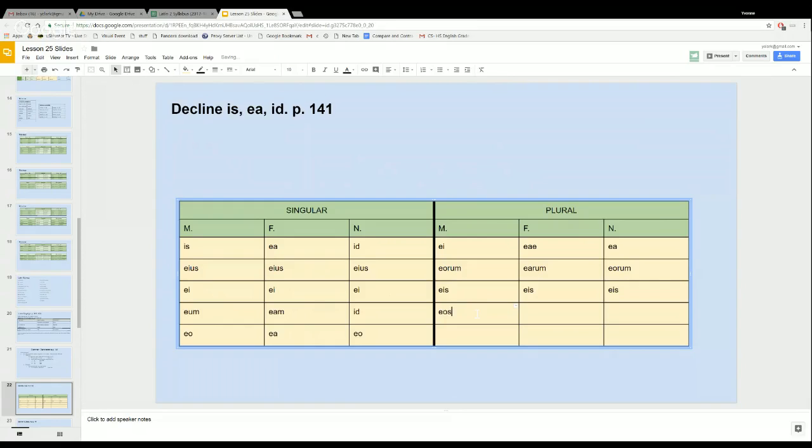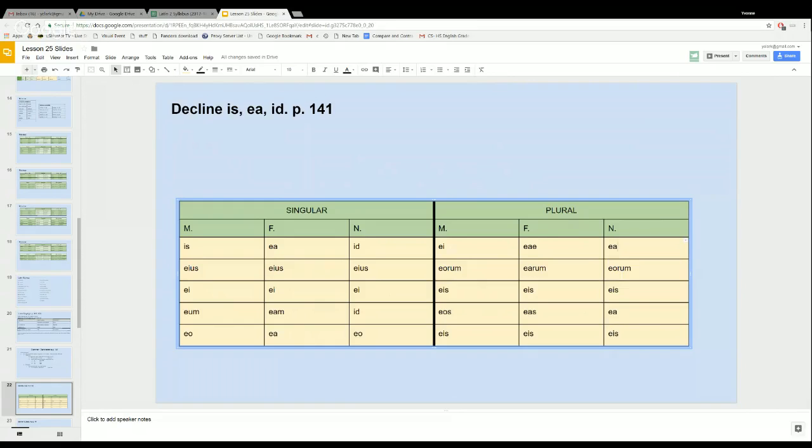Okay, now what do we notice about this part of the declension? Is it similar to anything we've done before? The genitive plural is the same as first and second declension. Yeah, if you look at the endings, these endings for the plural are first and second declension.